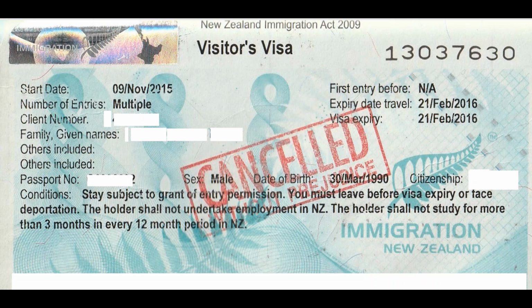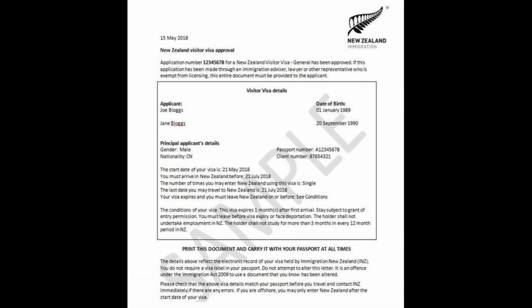I'll just head to the third example, the e-visa that I copied from the New Zealand immigration website. If you read the condition, the visa expires 1 month after arrival, stay subject to the grant of entry permission. You must leave before the visa expires or face deportation. The holder shall not undertake employment in New Zealand. The holder shall not study for more than 3 months in every 12 months in New Zealand.